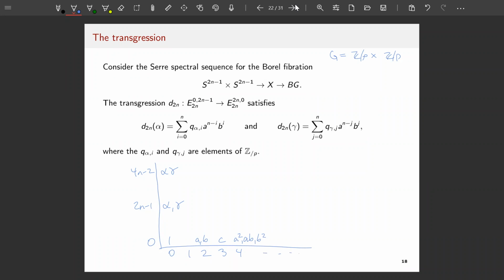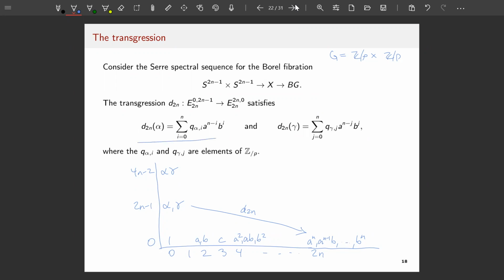So let me just put in degree 2n. The generators would be A^n, A^(n-1)B, all the way to B^n. So we get those generators. And everything else is zeros in this. So if you're thinking about the differentials, the first non-trivial differential is here, it's d_2n, and it's going to take alpha to some linear combination of this A^(n-1)B, up to B^n.